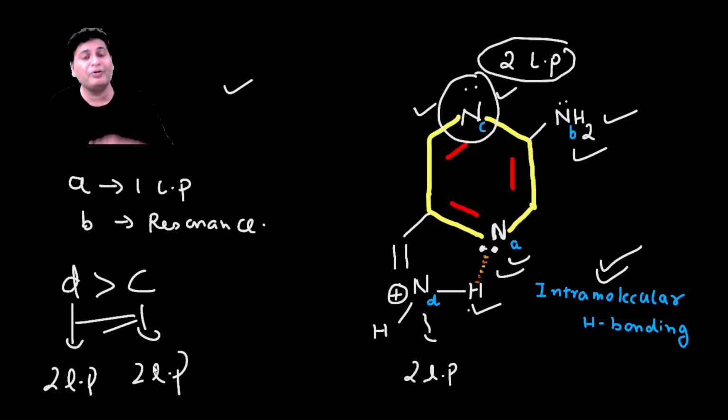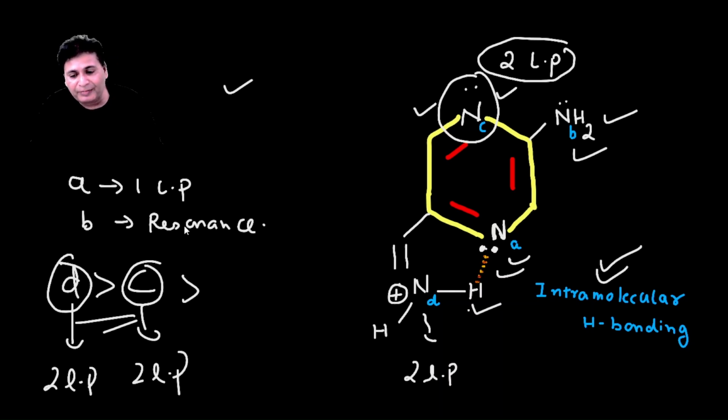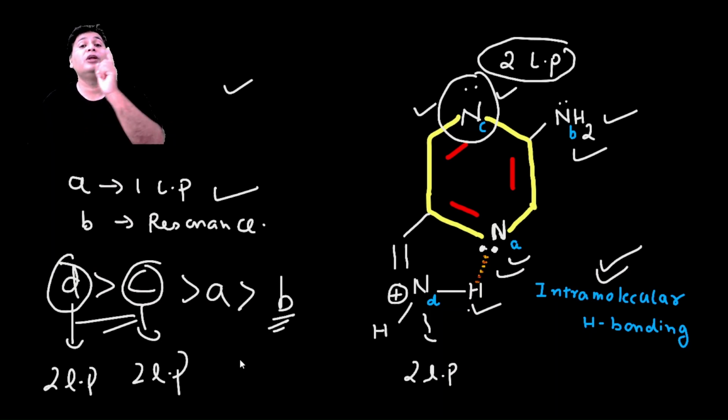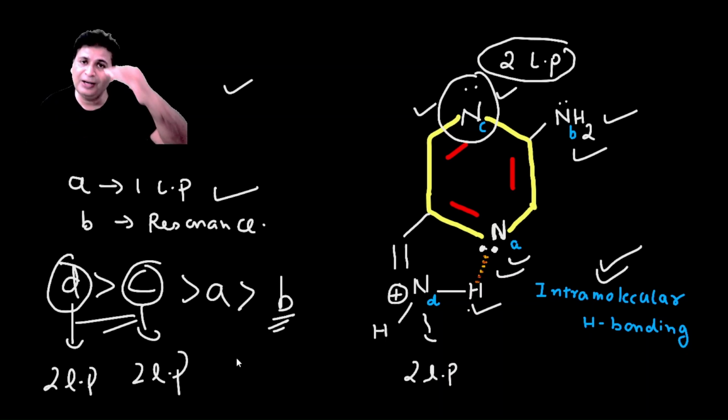So the most number of electrons you found in the case of D and C. Then will come the A because it had one lone pair, and the least electrons are going to be with the B because the lone pair of B got delocalized into the ring.